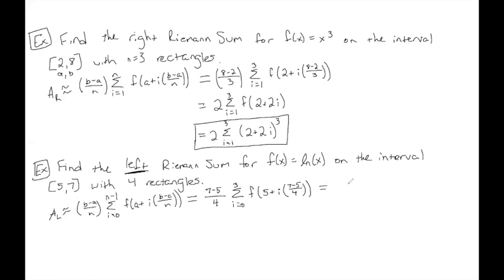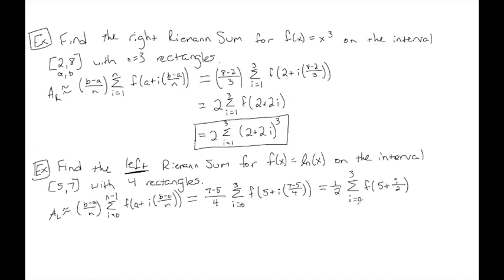Okay, 7 minus 5 is 2. 2 over 4 is 1/2. Basic math, Nick. i equals 0 to, not n minus 1, it's 3. I know what n is. And I have f of 5 plus 1/2 i, or 5 plus i over 2, I guess.